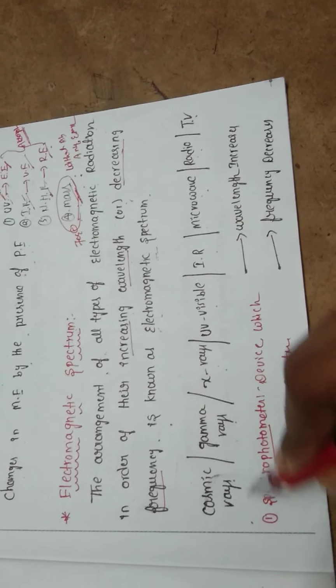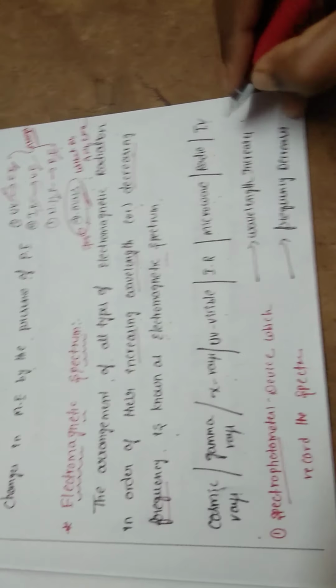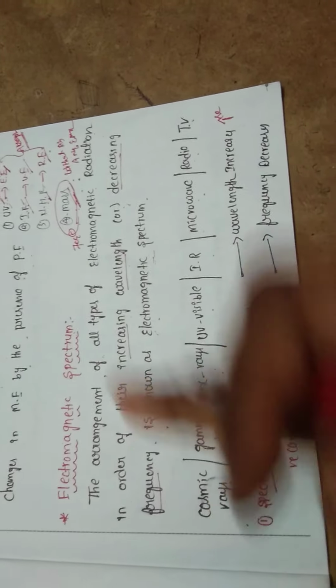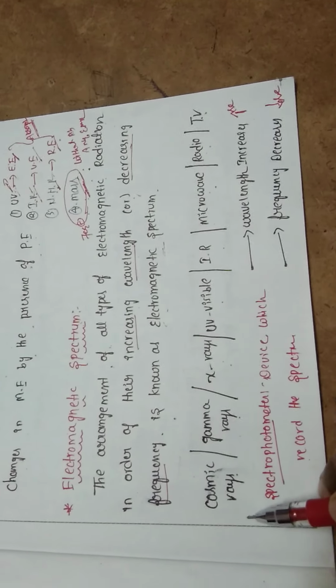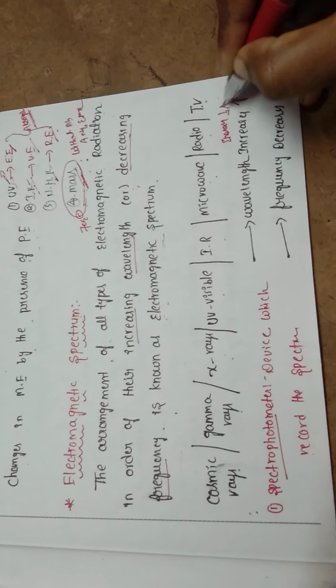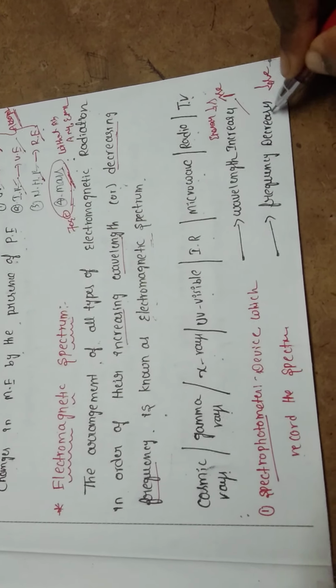From left to right, the wavelength increases. From left to right, the frequency decreases. From left to right, the energy decreases. Whenever the energy decreases, the wavelength increases and the frequency decreases.